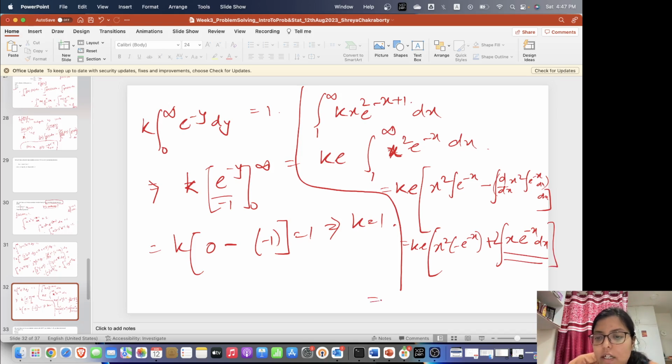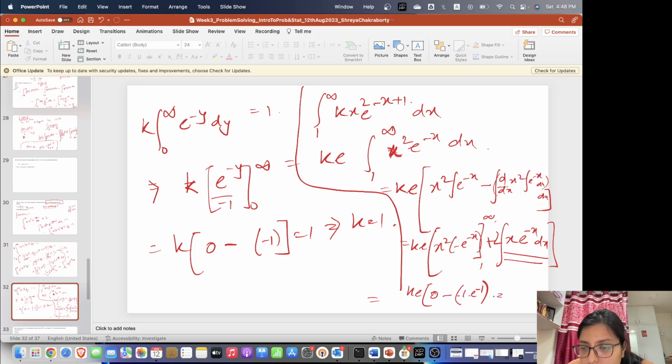Okay. So here, this will be 1 to infinity. If we put the values over here, 1 to infinity, this one is 0 and 1 is k into 1. So this is 0 minus, if we put 1 into e to the power minus 1, minus of minus.